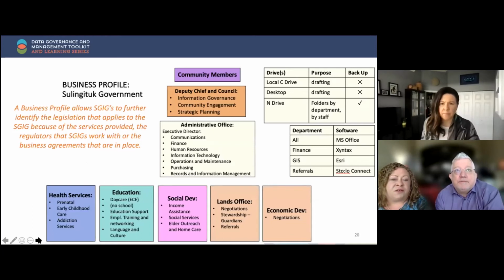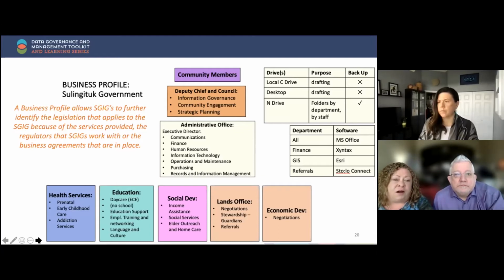This graphic shows you a business profiling for Salingatuk. So it basically starts to define the government in an org chart style, and it shows centers of influence from community to deputy chief and council or executive leadership, and carries on through to the administrative offices and then the operational offices at the bottom.